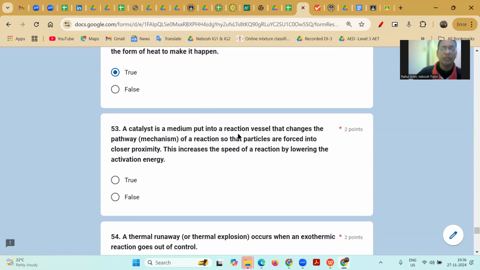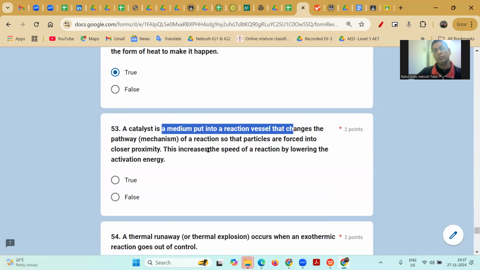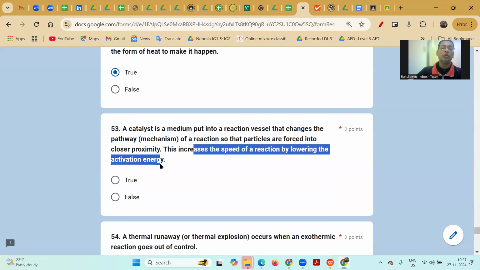A catalyst is a medium put into the reaction vessel that changes the pathway of a reaction so that particles are forced into closer proximity. This increases the speed of a reaction by lowering the activation energy. Yes, so catalyst is a medium. Catalyst can play both roles, but in this particular question they are asking about increasing the speed of a reaction by lowering the energy.